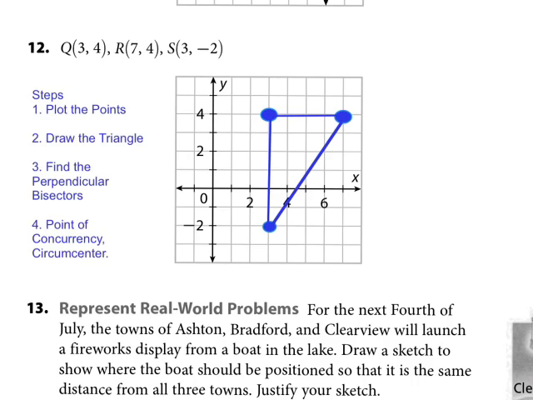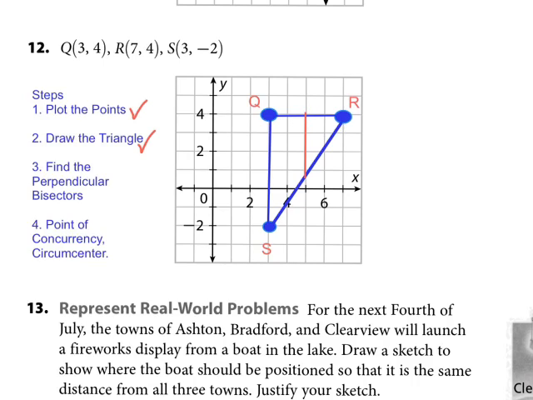Now I have to draw the perpendicular bisectors. In order to draw the perpendicular bisectors, I need to measure the side. So I'm going to measure this side, which has 1, 2, 3, 4. And I need to find out what is half. So half is 2. That means my bisector is here.